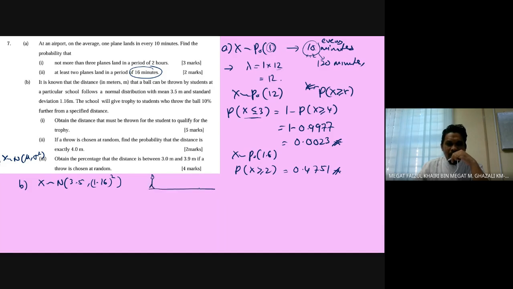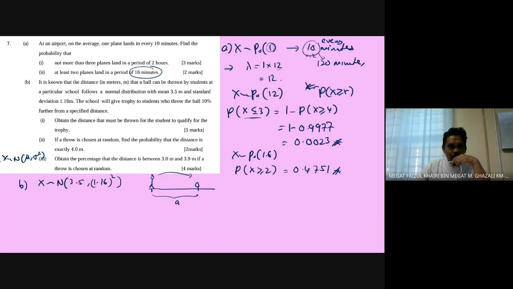He will throw the ball to this point, and the distance from here to here is A.